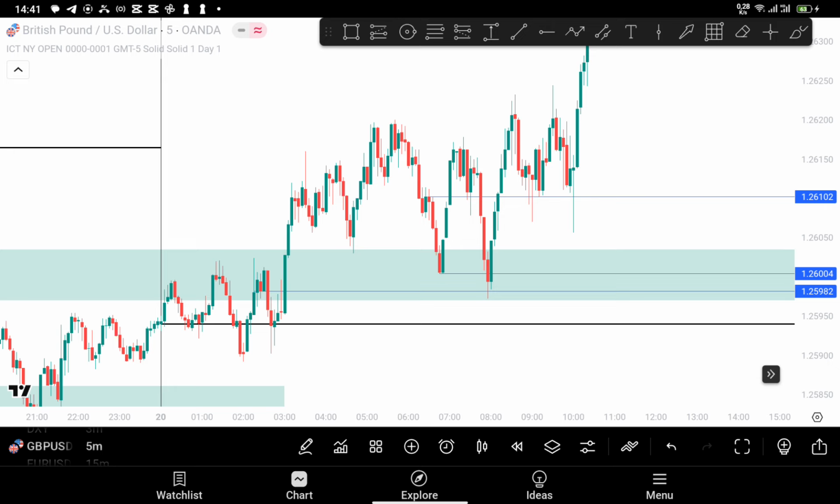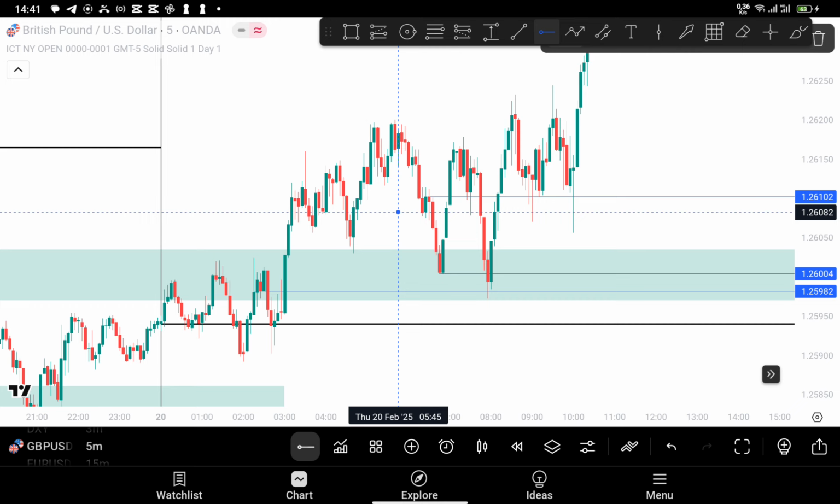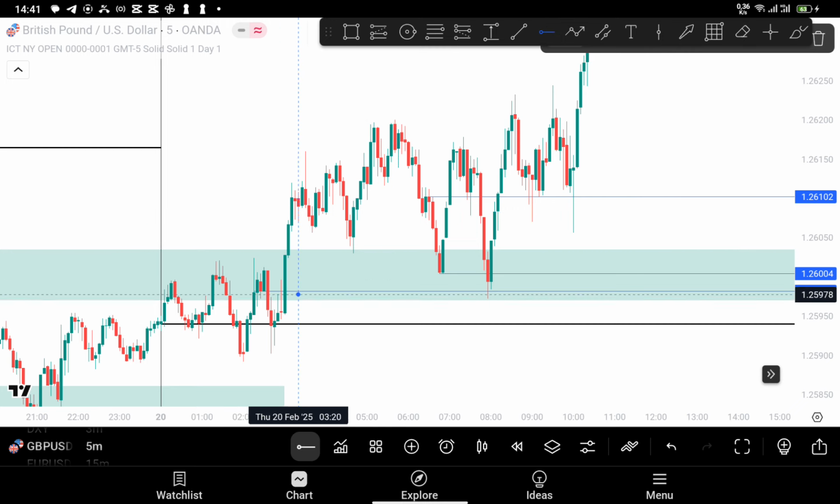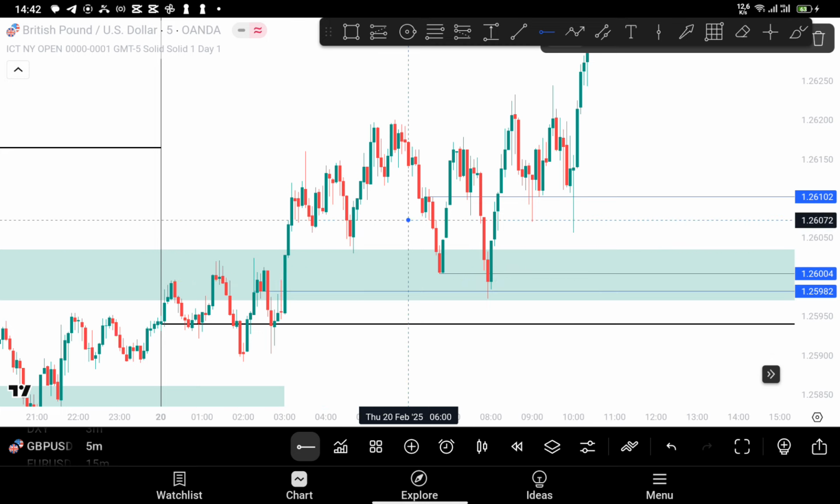So I was just using the overall idea that since it's New York, it's a high probability session. And when I saw this, it made sense for me to take a trade here. We entered this gap while we were sweeping this liquidity, and then we disrespected this bearish model.